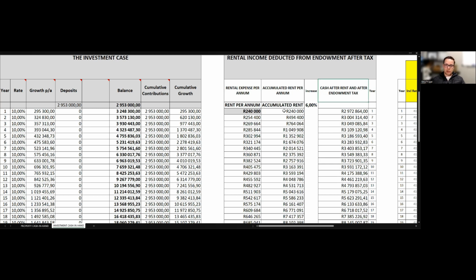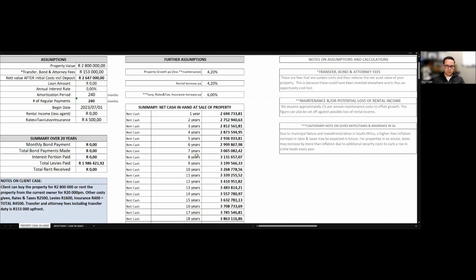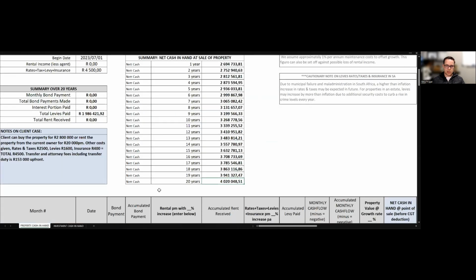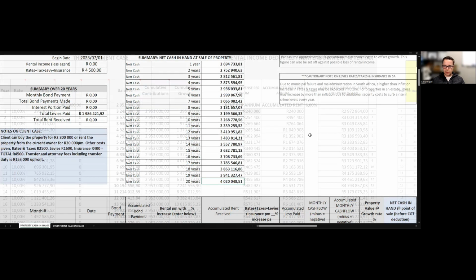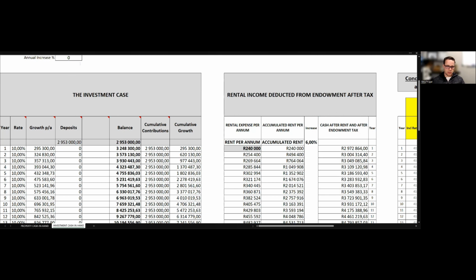Landlords can't easily charge 6% per annum. They will either lose a tenant, in other words, they will lose you. You might find another place, or they will have to keep it lower. So after 20 years, 4 million. After 20 years, you still have 9 million.